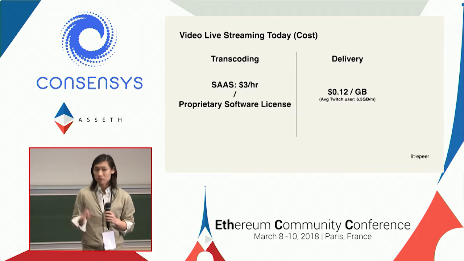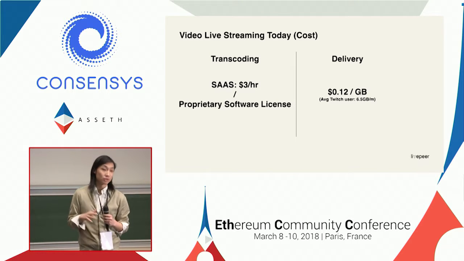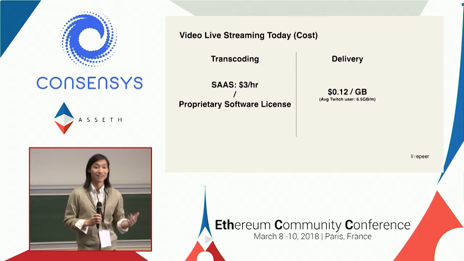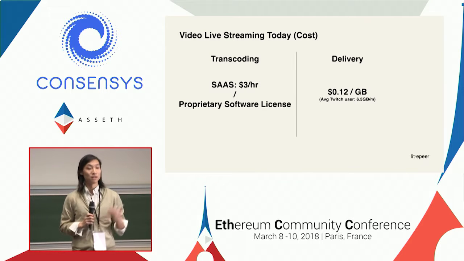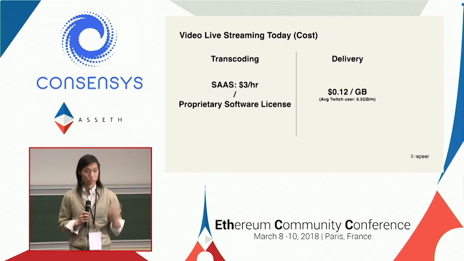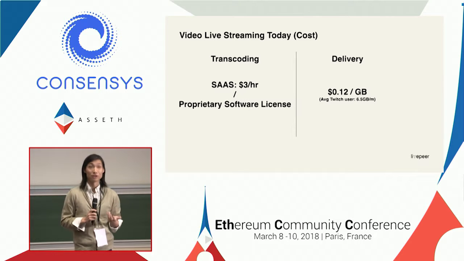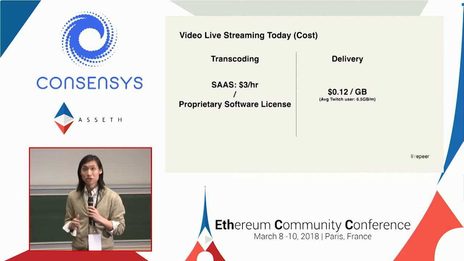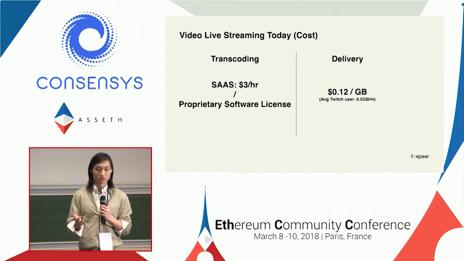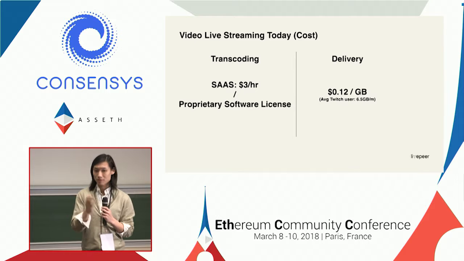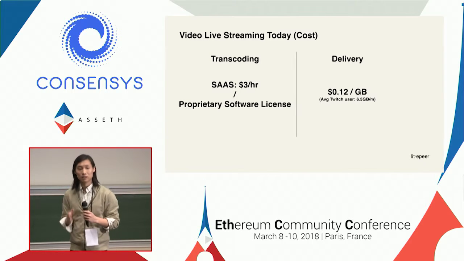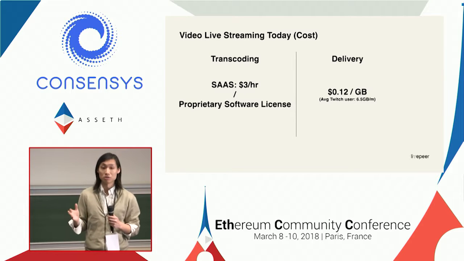If you want to do video transcoding and you want to use a SaaS service, it costs about $3 per stream per hour. Or you can license proprietary software if you want to build your own stack, but that's also very expensive. Because there are no good open source solutions, no open source media servers out there, people don't have a lot of options. On top of that, the delivery of the video is also very expensive.